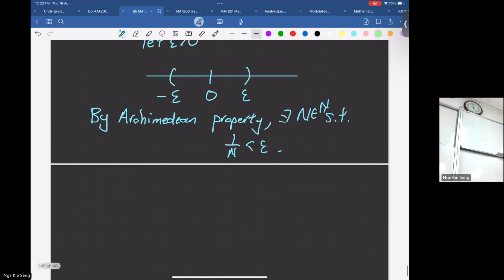Next example. Let's look at this interval here, 0, 1. Open at 0, closed at 1. So what are the isolated points here? None. How do you show it?